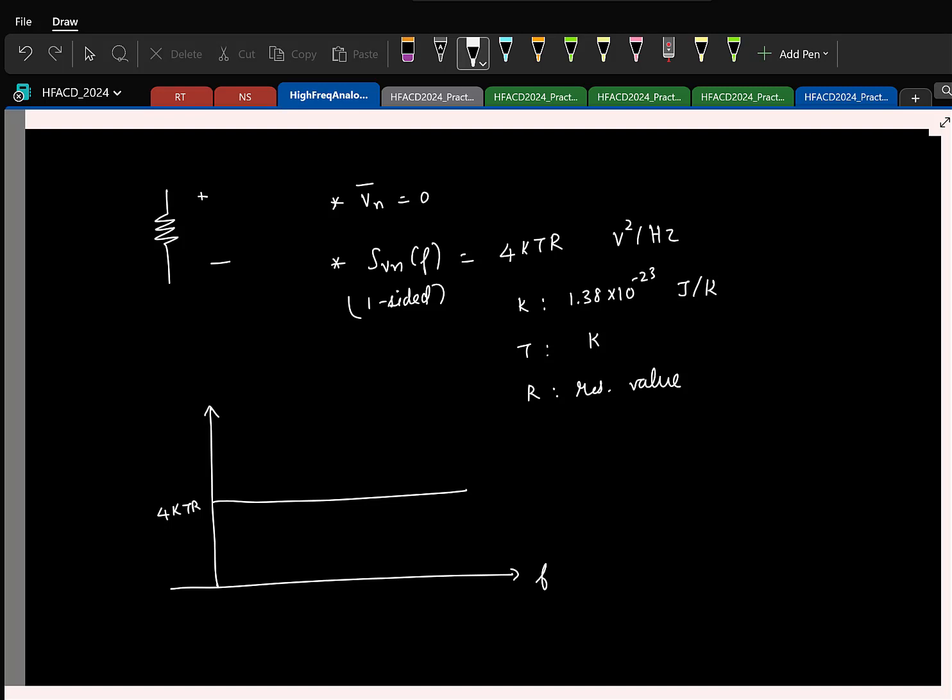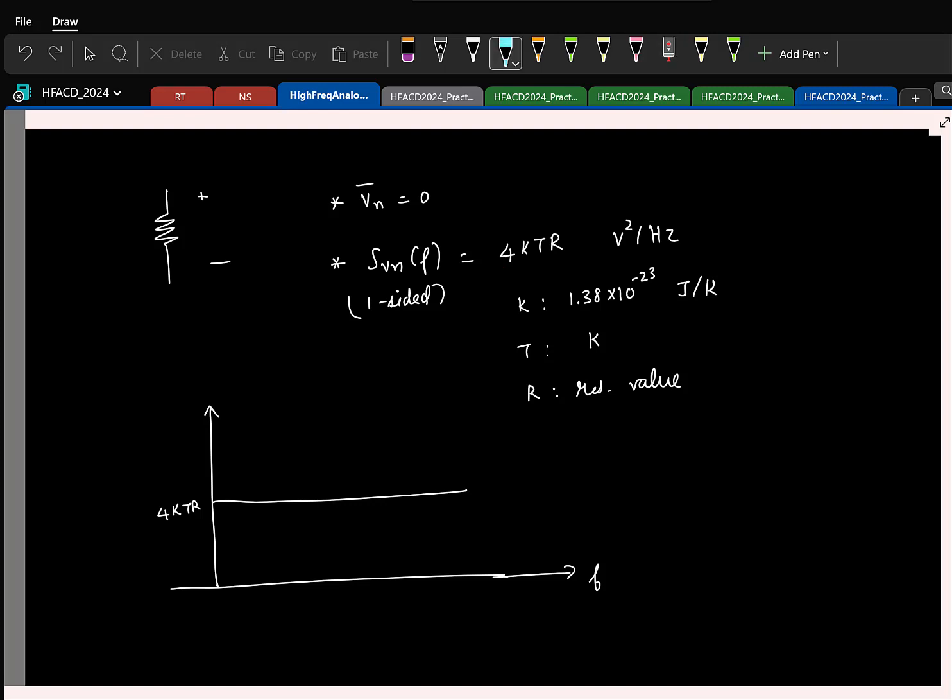So now let us say I try to find the power in this noise. What do I do to find the power? I integrate it. What does that integral give? If I integrate it, you get infinity, but of course that doesn't seem logical, and in fact this is not exactly true, because while deriving this, quantum mechanical effects were not taken into account.